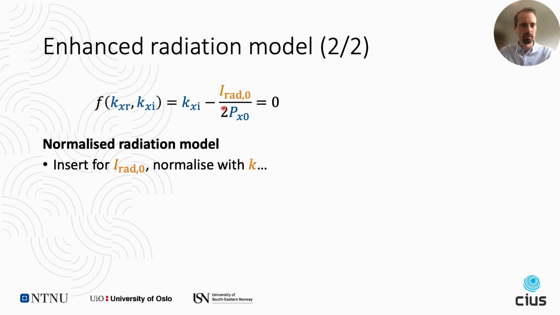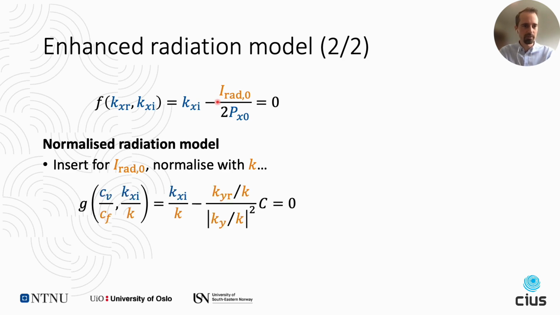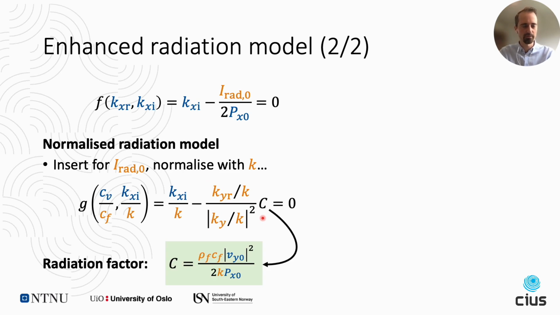We can normalize that function by inserting for the amplitude of the radiated intensity, normalize with a wave number k. And this gives us a normalized radiation model where the equation is only a function of components of the wave number, except for this factor C, which we call the radiation factor.